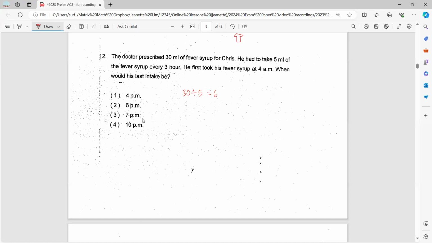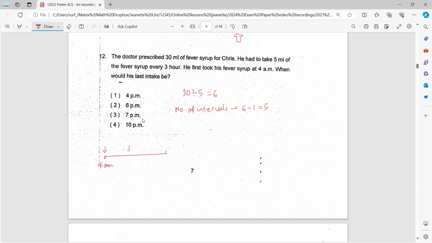How many intervals will that be? It is not 6 intervals because the first one is at the start time, 4 a.m. So the number of intervals will be 6 minus 1. Example, this is 4 a.m., so he takes it one time.